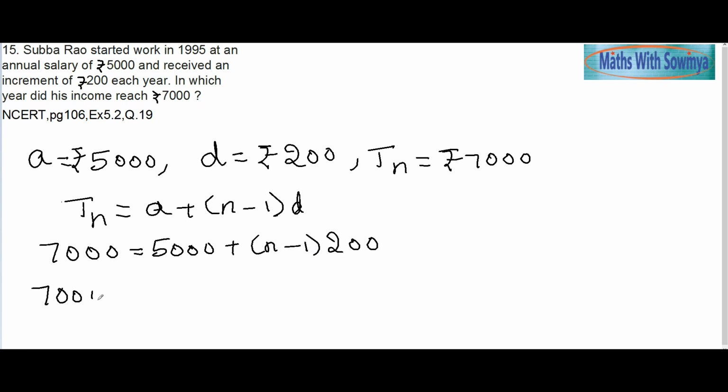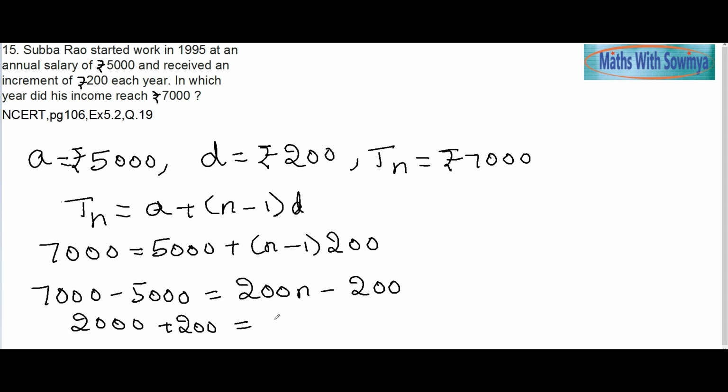So 7000 minus 5000 is equal to 200n minus 200. This will give me 2000. Taking the 200 here, 200n is equal to 2200.